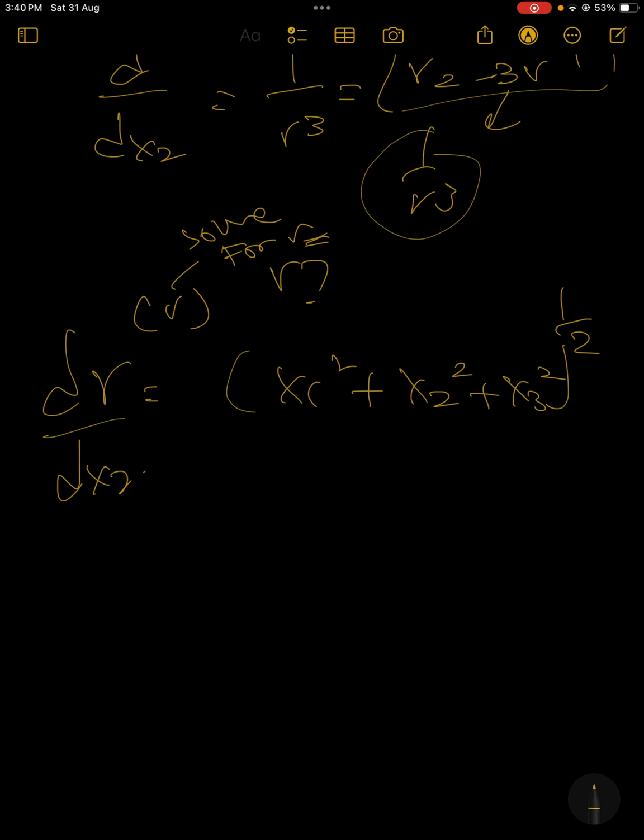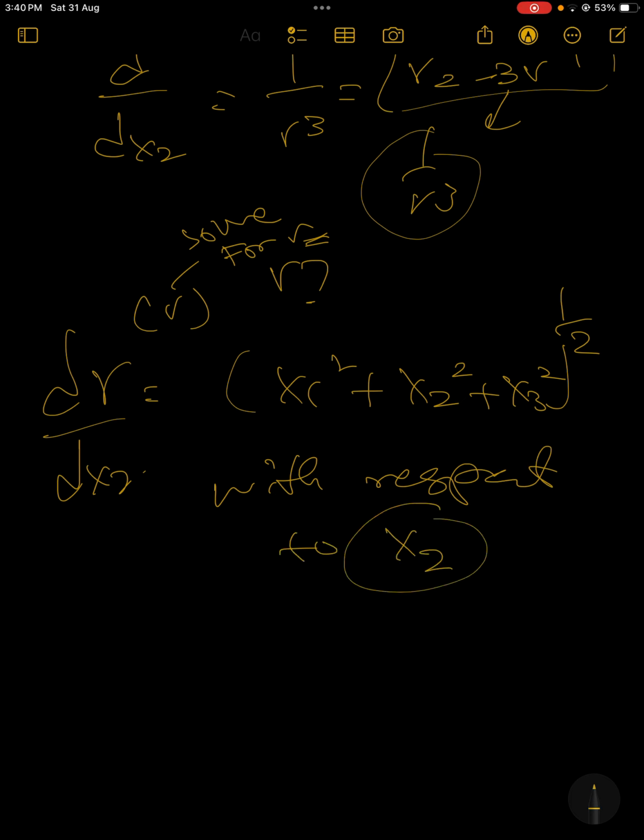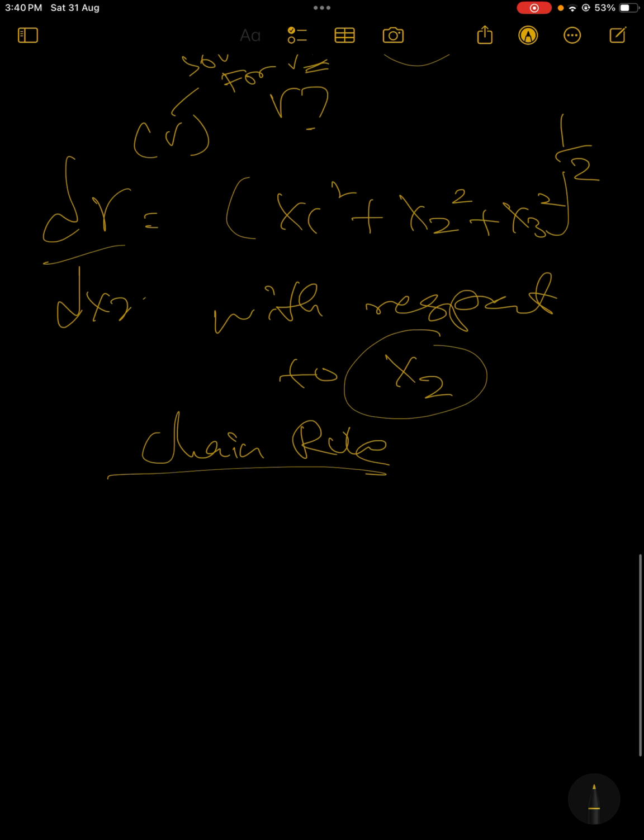And as you solve it with respect to x2, x1 squared plus x3 squared will actually equal 0. And as you move on with the chain rule, it's going to be 1 over 2 multiplied by, I will take this one down, x1 squared plus x2 squared plus x3 squared to the power of minus 1 over 2.